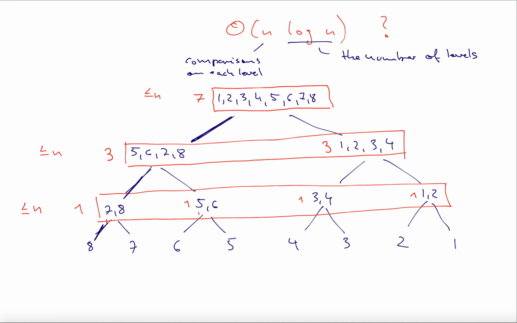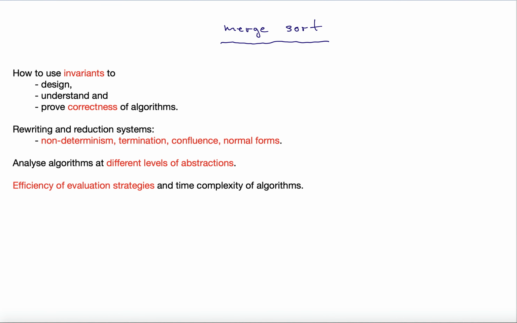Okay, so that's it. Maybe we can just go quickly to the beginning and see whether I said everything I promised to say. So quick rewind. We looked at merge. We found an interesting invariant for merge, and that gave us the idea how to design merge sort.